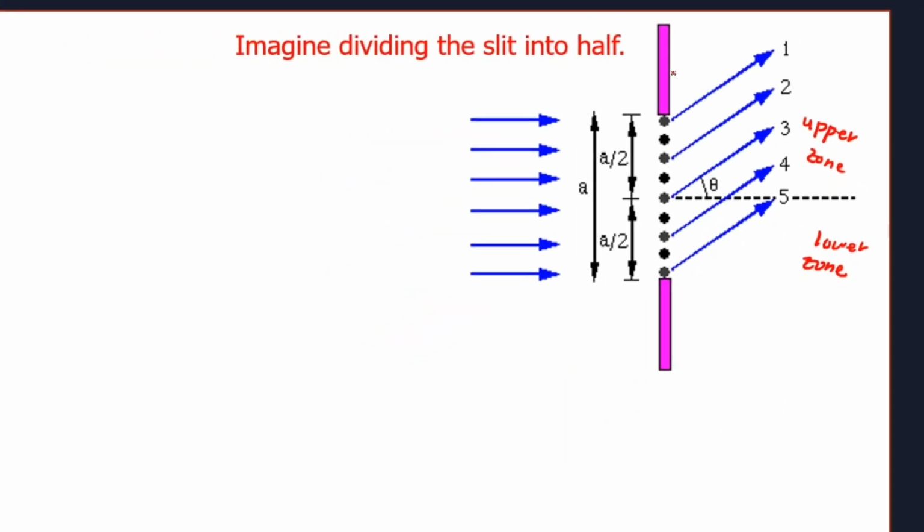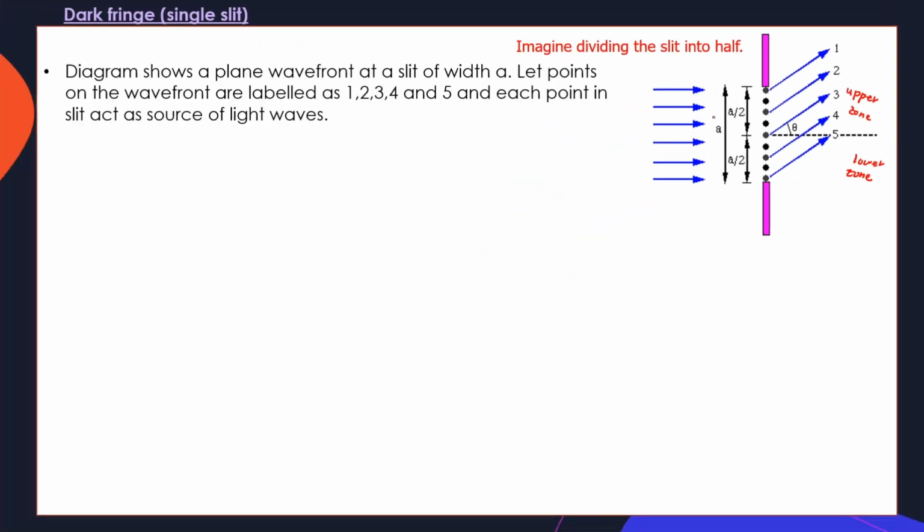Look here, we have a plane of the wavefront at a slit of width a. Let's say points on the wavefront are labeled 1, 2, 3, 4, 5. As we know, we have a lot of points on the wavefront that act as secondary wavelets, but now we just consider points 1, 2, 3, 4, 5.